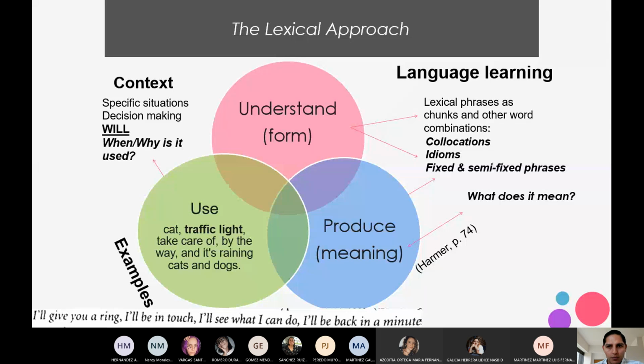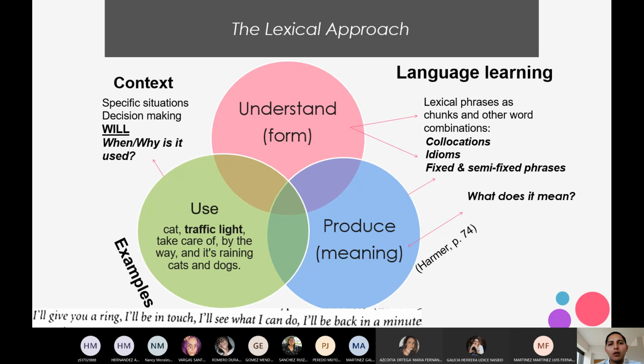According to this approach, lexical phrases are seen as chunks and other word combinations. And that's the way people should learn a language. We can include in these chunks of words or word combinations, collocations, idioms, fixed and semi-fixed phrases. Okay, fixed phrases are those that can't be changed. They follow a pattern. And semi-fixed phrases are words that could change a bit.